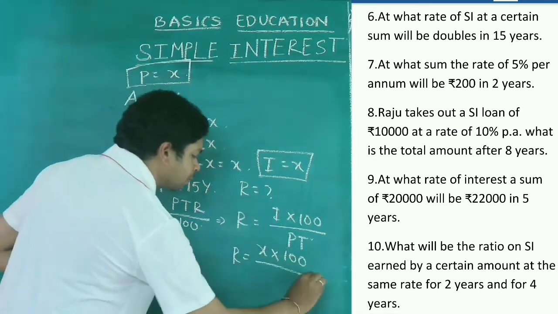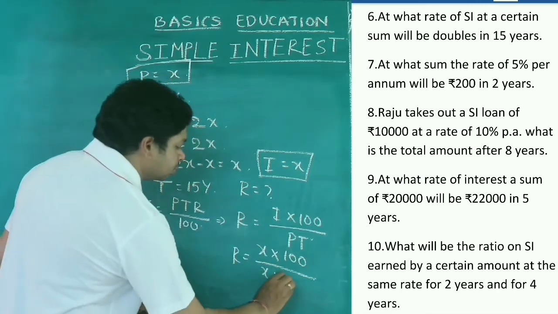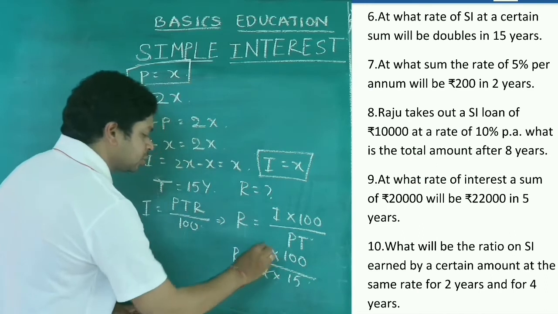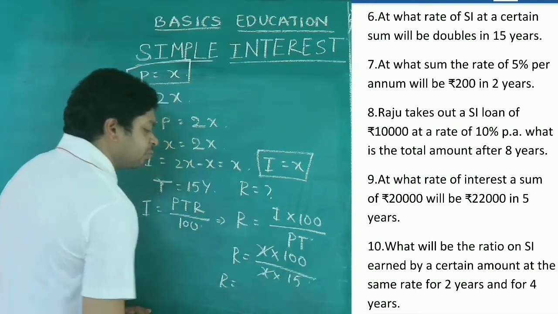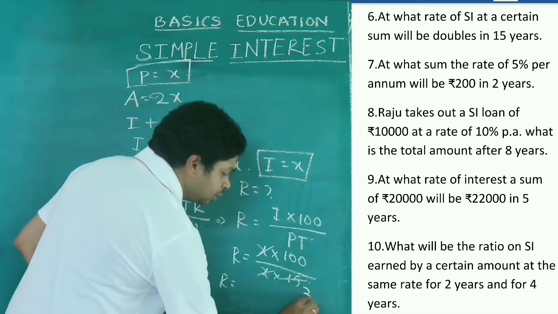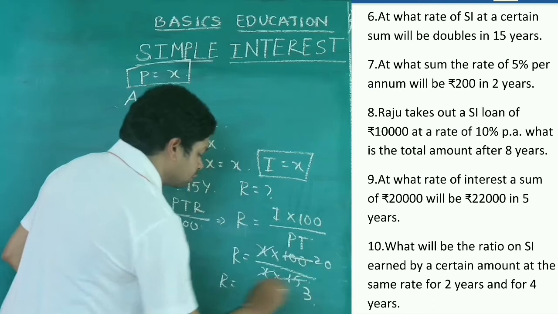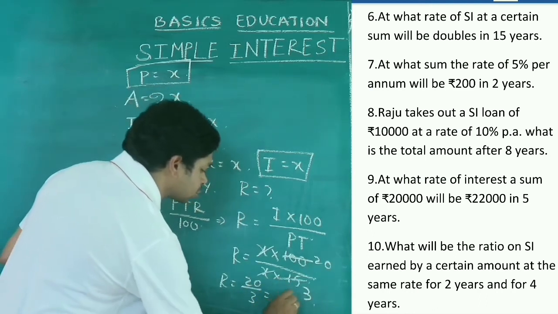That is also x into 15. By cancellation of x and x, R equals 100 by 15, which is 20 by 3. Then you can write this as 6 2 by 3 percent.